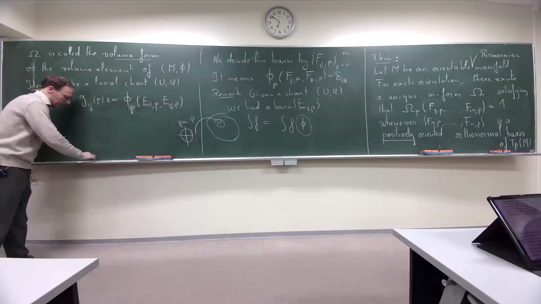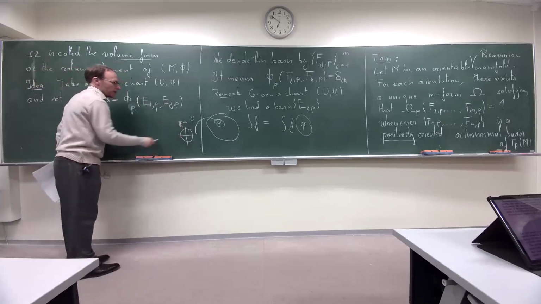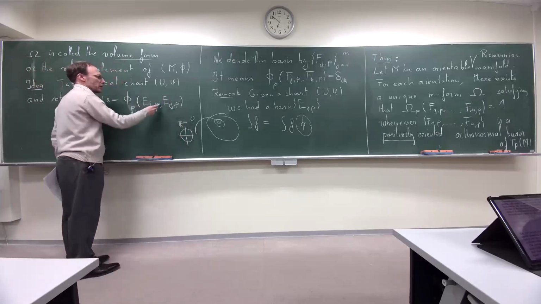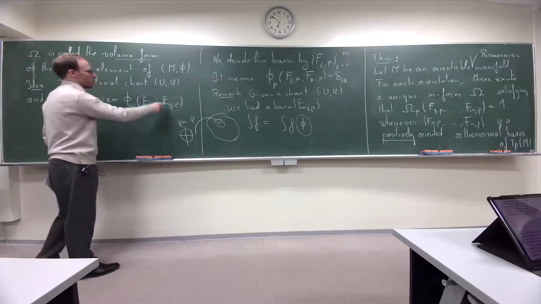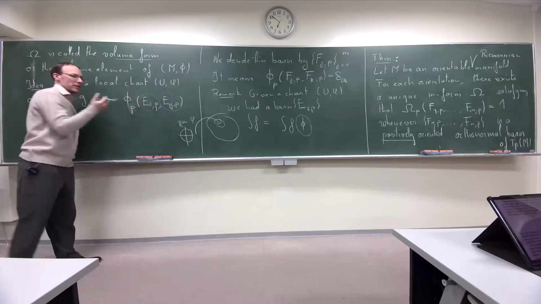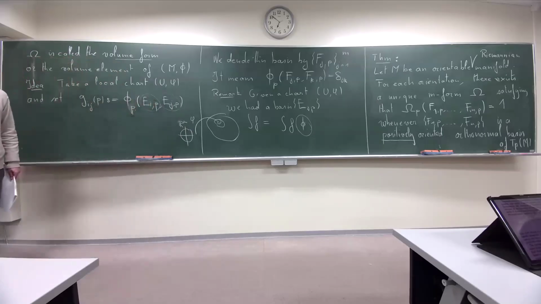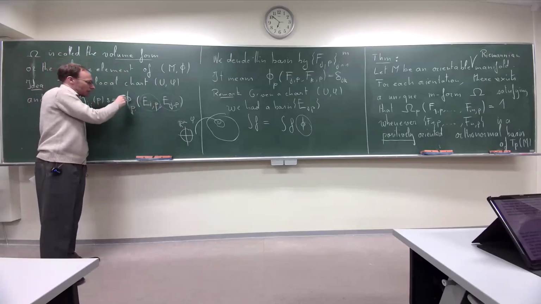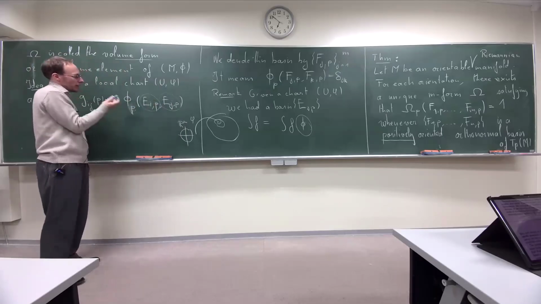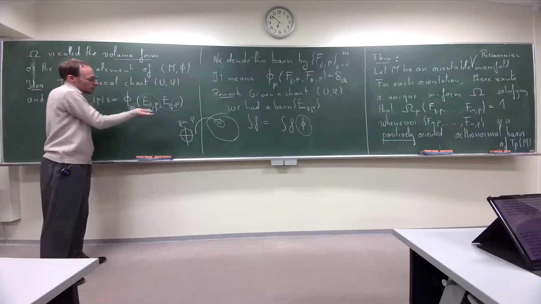This is well defined because, as we have seen, whenever we have a chart, these vectors are part of a basis of the tangent space. And the Riemannian metric has two variables on the tangent space.